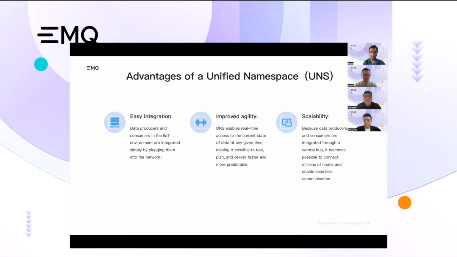So every system can work as a plugin, and can be integrated, tested, planned, and delivered faster than before, and the system can be much more predictable than before. And the third one is about scalability. Based on the unified namespace infrastructure, also from EMQ, we provide a scalable data infrastructure, so we can provide much better scalability to all kinds of systems, especially to the IoT system.